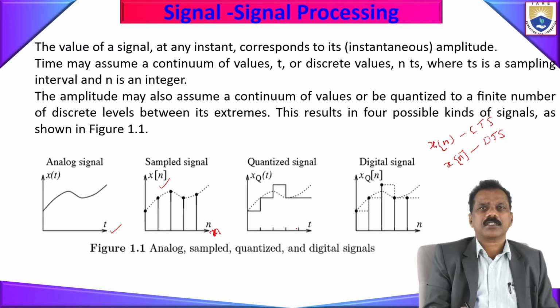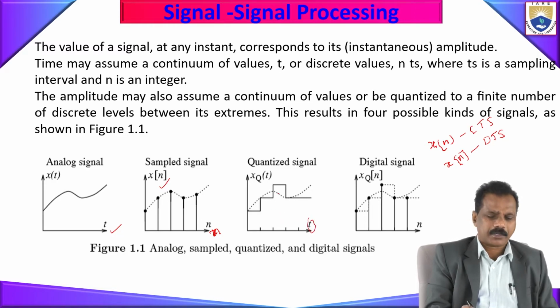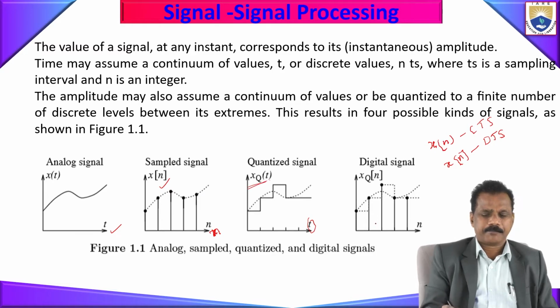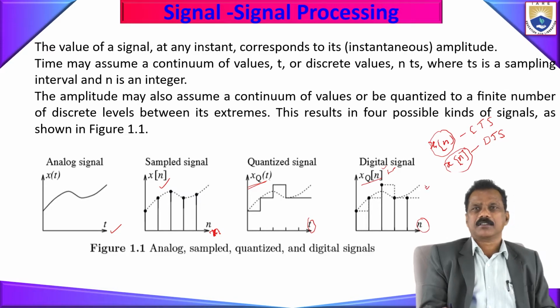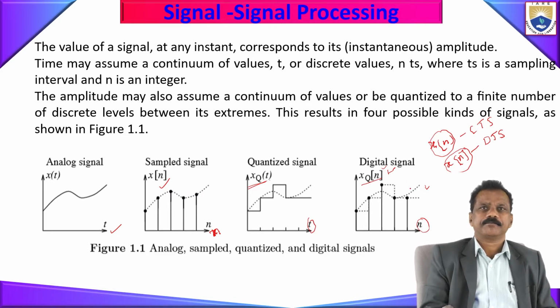The quantized signal is t versus xq of t, and the digital signal is xq of n. The parenthesis changes here: xq of n is a discrete time signal versus n, which is what we call the digital signal.